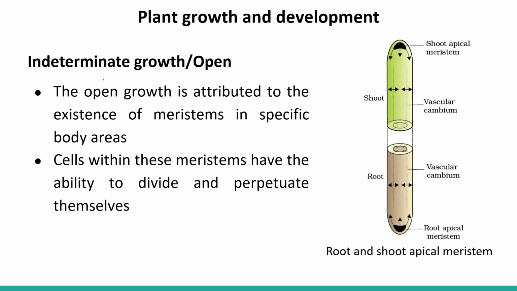Now let's talk about indeterminate growth. Usually in plants, indeterminate growth is seen. This indeterminate growth is also known as open growth. And in this growth, what happens? In this type of growth, the growth is not terminated.